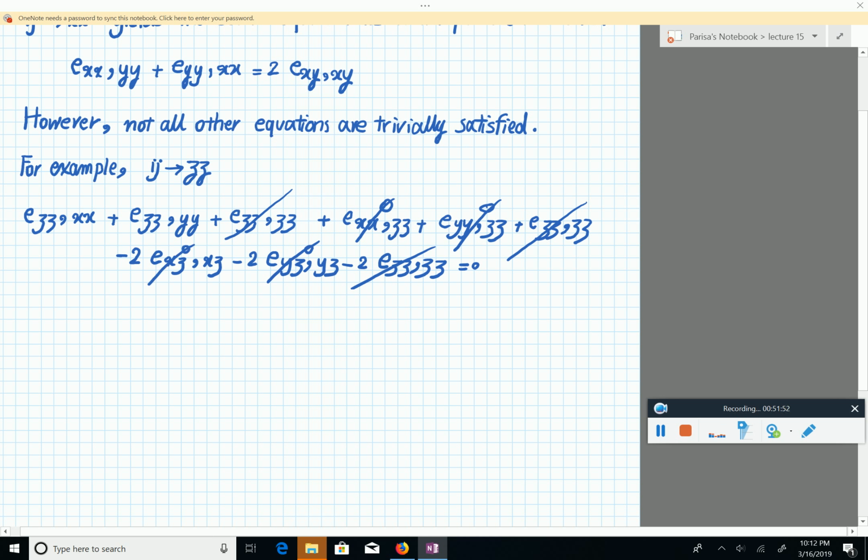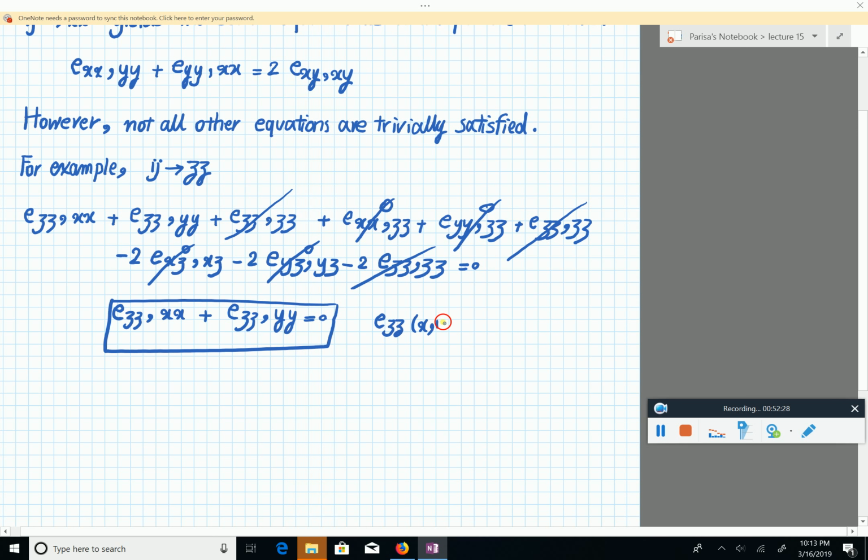So what we get is ezz,xx plus ezz,yy equal to 0, and as you can see, this is non-trivial because ezz, we saw previously, can be written in terms of exx and eyy, so it's a function of x and y, and the second derivatives may indeed be non-zero, so this is non-trivial.